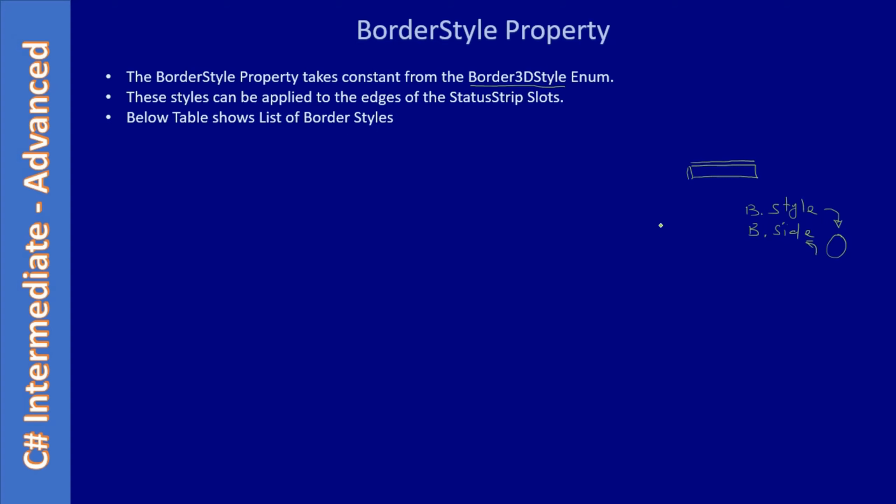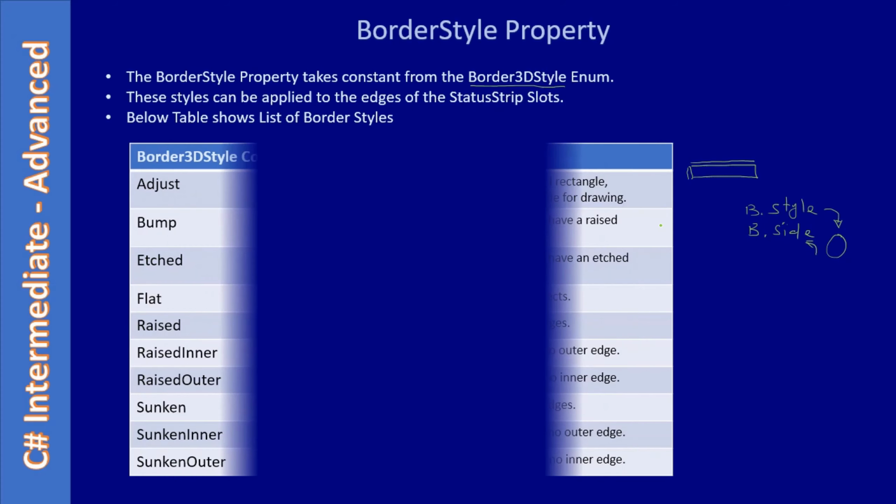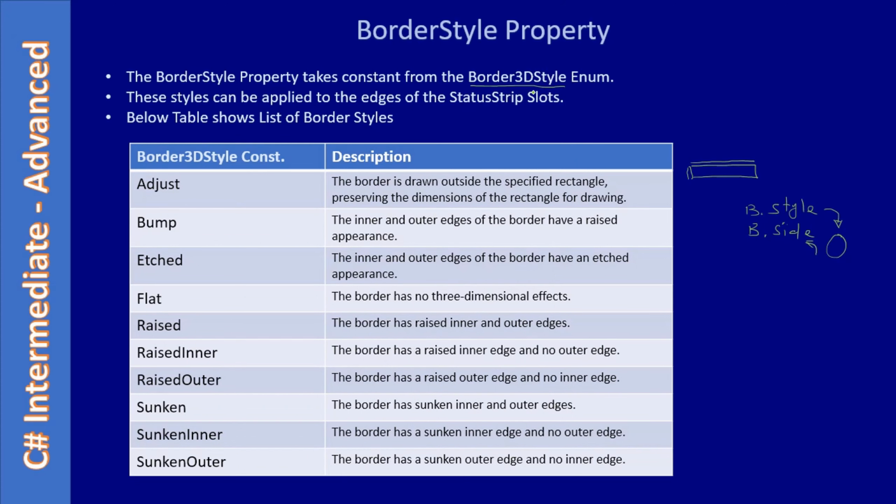The table below shows the list of border styles, and each style is represented by the Border3DStyle enumeration. There are many styles here: adjust, bump, edged, flat, raised inner, and other styles. In our example we picked edged and sunken outer border styles. You can try other styles yourself.